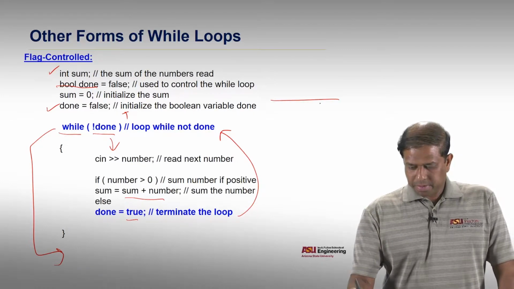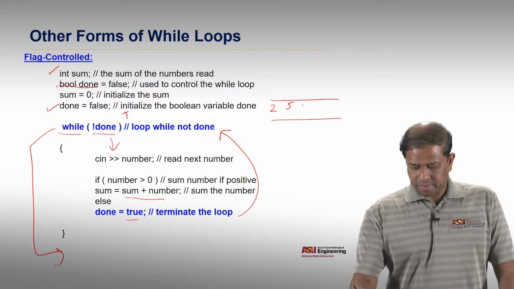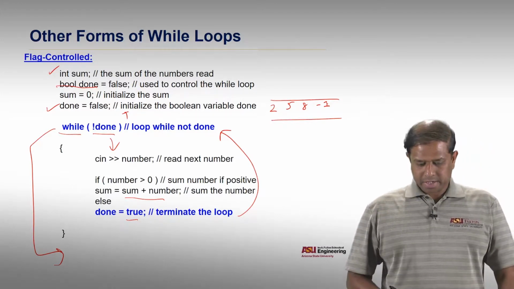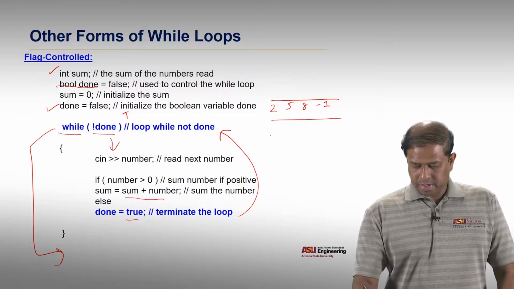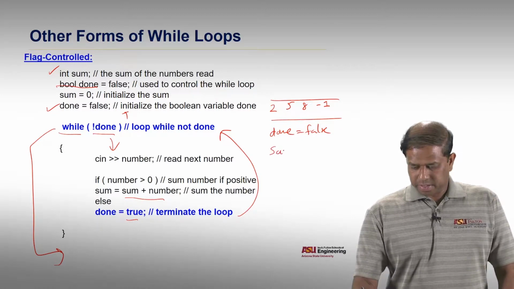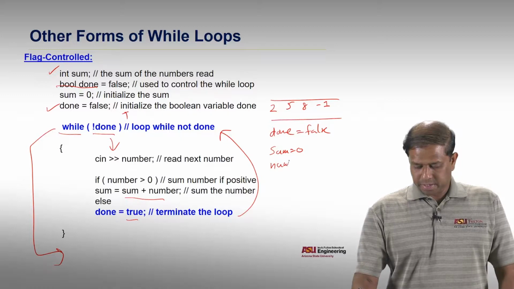Suppose our input stream is something like this: 2, 5, 8, and then -1. If our input stream is like this, then initially the value of done equals false, and sum equals 0, and then we read the first number.